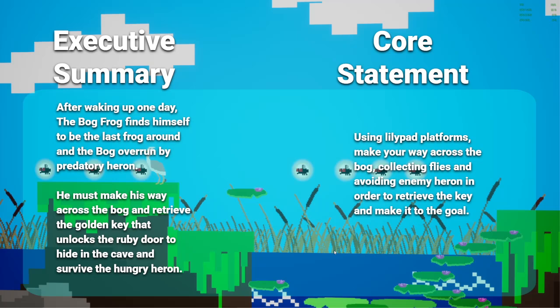So he basically wants to get to safety and he needs to find a way to get into the underground cave, which is blocked by a ruby door that requires a key, which he must retrieve from one end of the level and make his way all the way back across the bog again without dying. And all while doing this, he's going to be collecting fly coins, avoiding the enemy heron, scaling the movable lily pads, and trying to avoid, you know, I guess, losing the game.